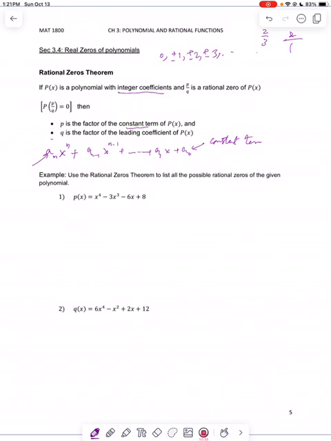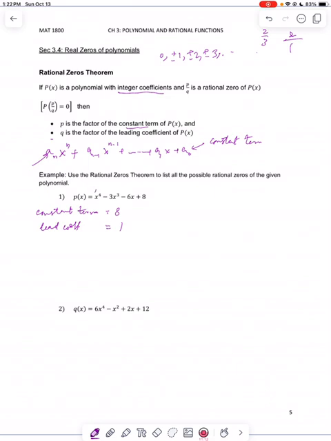You can first write what the constant term is here, which is 8, and the leading coefficient is 1.